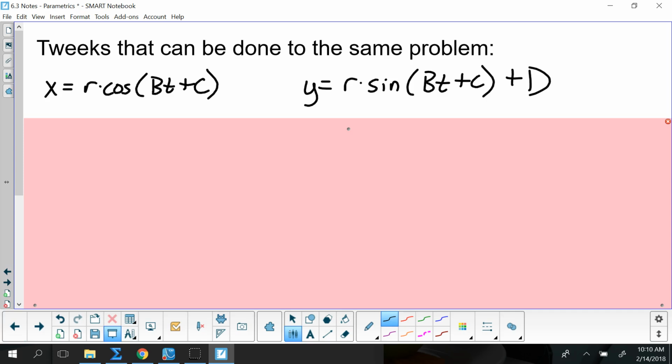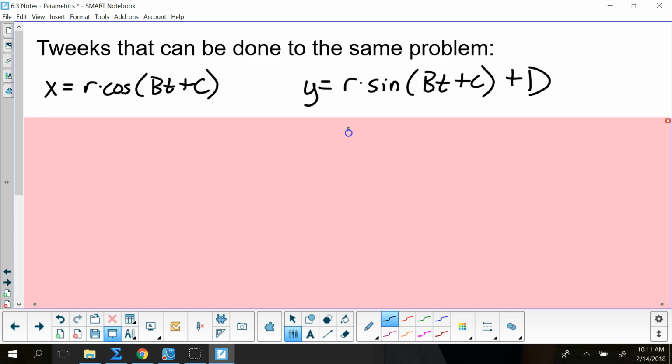Okay? And we talked about different tweaks about it. Like d is going to be adjusted based off of how high the bottom of our Ferris wheel is off the ground, and the radius. Okay? D is the radius plus how high it is off the ground. We talked about that yesterday.